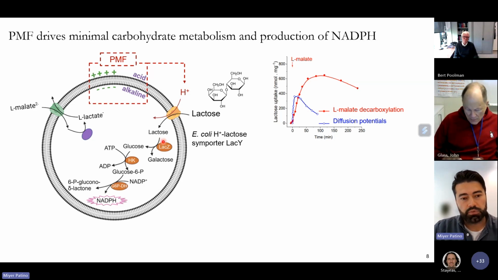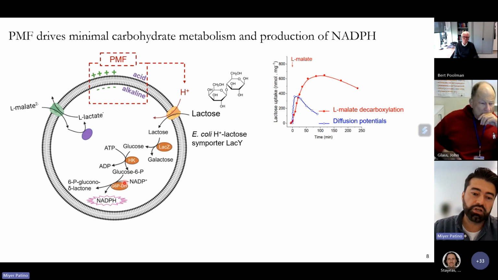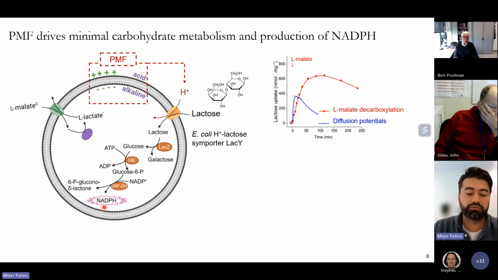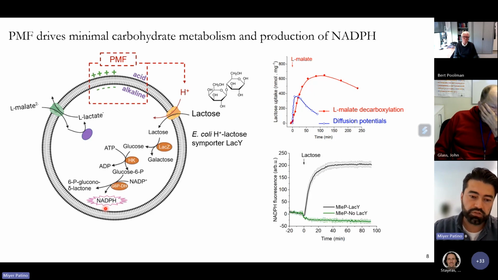We wanted to observe if it was possible to couple this proton motive force with a minimal metabolism. To do that, we incorporated three enzymatic reactions that consume the internalized lactose to produce reducing power in the form of NADPH, whose fluorescence served us to follow the progression of the whole pathway.